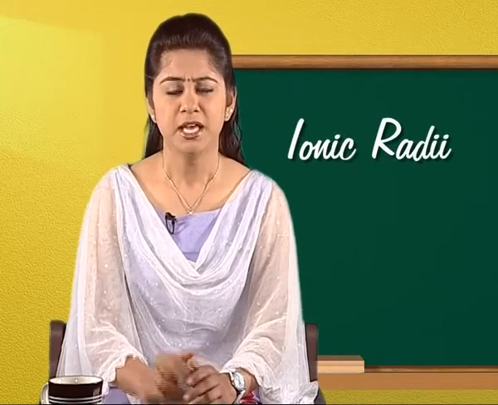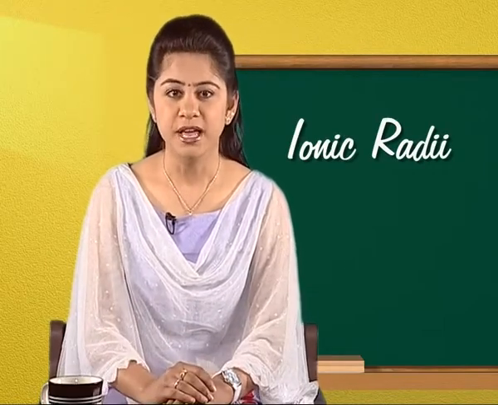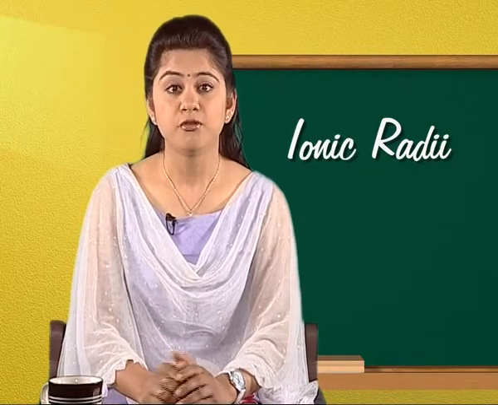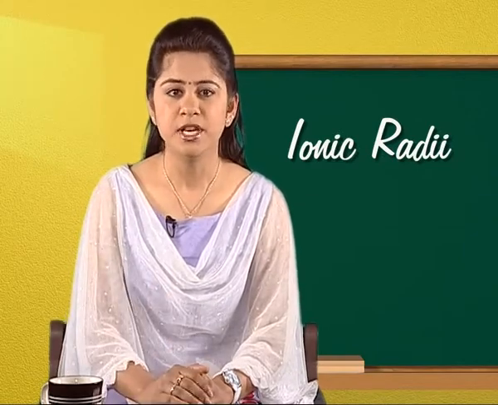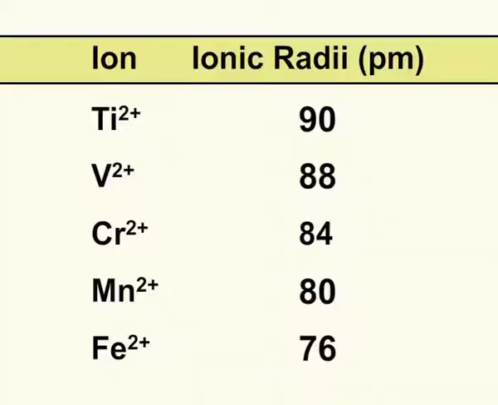Next is ionic radii. Being metals in nature, the transition elements form cations and their radii, as expected, are less than the atoms to which they belong.